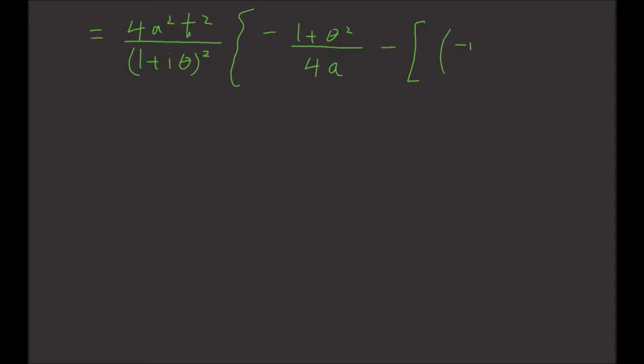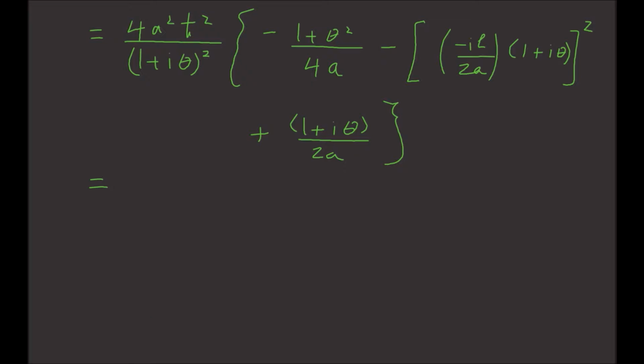So that's going to be equal to 4 times a square h bar square divided by 1 plus I theta square times curly bracket minus 1 plus theta square divided by 4a minus open brackets of minus I times L divided by 2a times 1 plus I theta, and this term is squared, plus 1 plus I theta divided by 2a, close curly brackets.